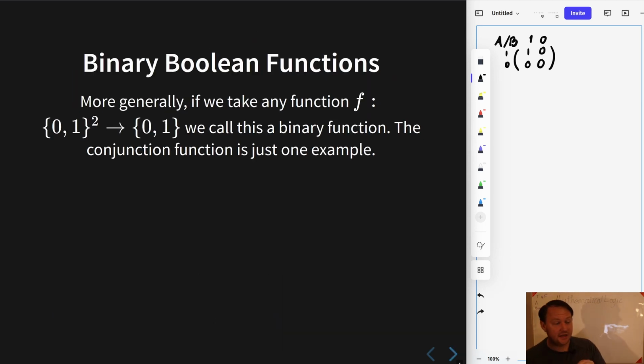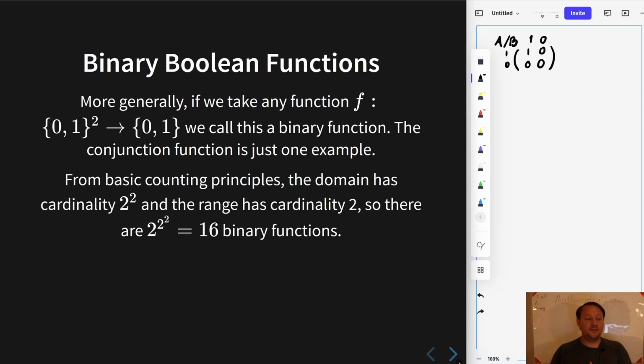To generalize this idea a bit, we can talk about all binary Boolean functions, and that would basically be the same as all 2x2 matrices with coordinates 0 and 1. So your input could be any pair taken from 0 and 1, and you will output a 0 or a 1. And so the set of all such things is a binary Boolean function.